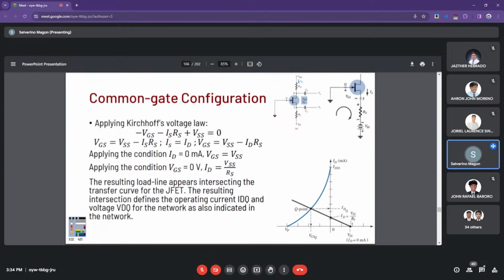So plotting that line, ID equal to VSS over RS, we have the following.